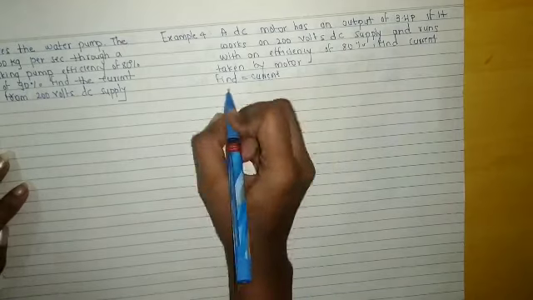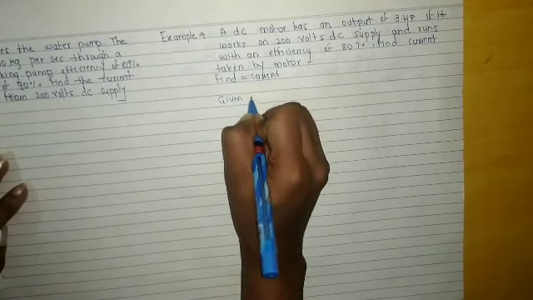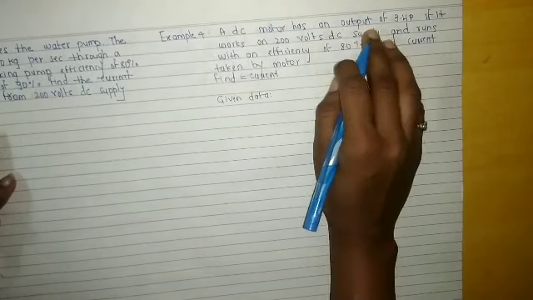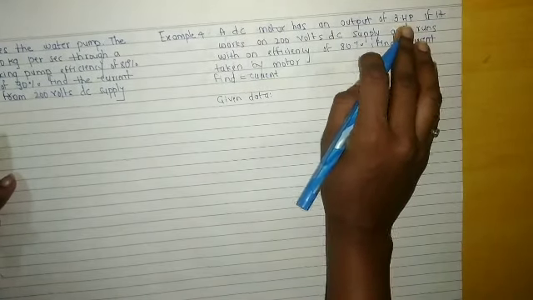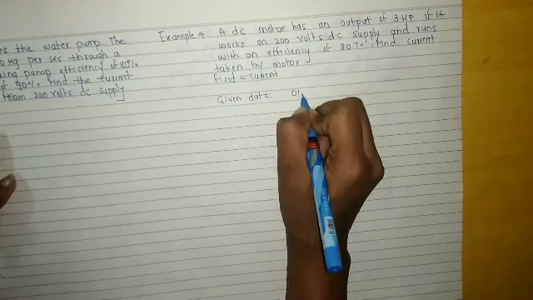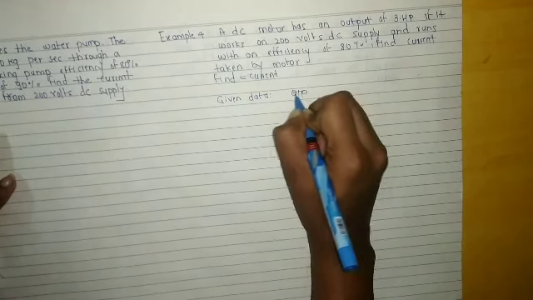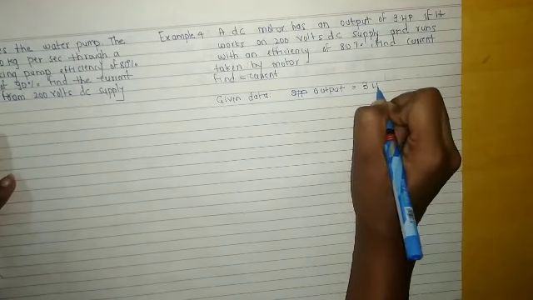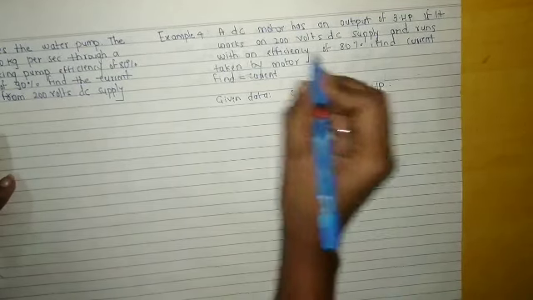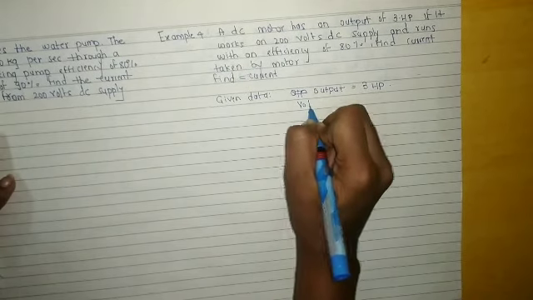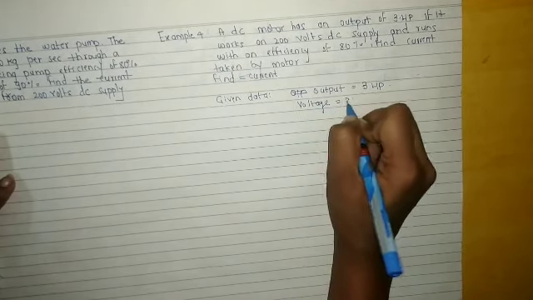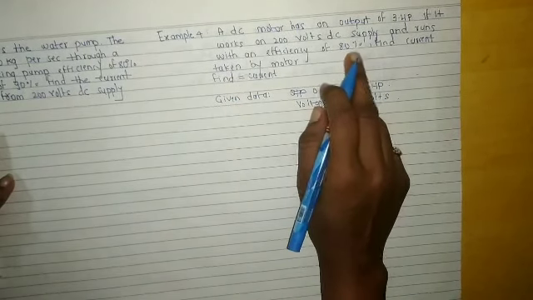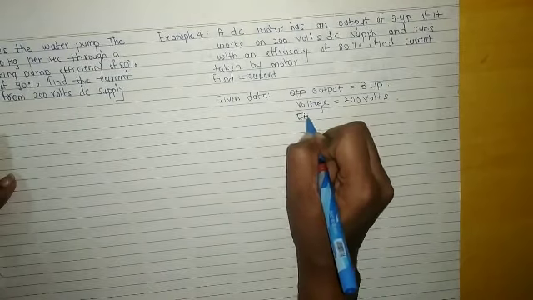And what is given? They have given that the DC motor has an output of 3 HP. So this is the output. I'll write here: output, 3 HP. Voltage, they have given 200 volts, and it runs with an efficiency of 80%.